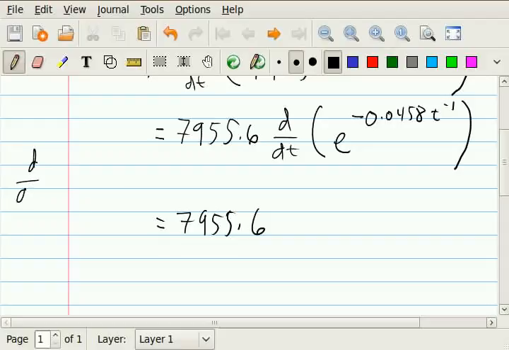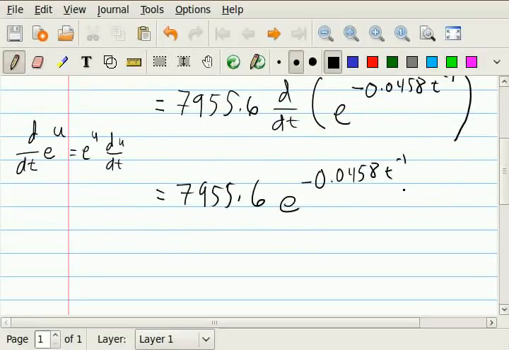If we're taking the derivative with respect to t of e to some power u, we get e to the power u times the derivative of u with respect to t, because we're taking derivatives with respect to t. So the derivative is going to be e to the power u, this whole thing, negative 0.0458 t to the power negative 1, times the derivative of this power. We have to multiply by the derivative of u.